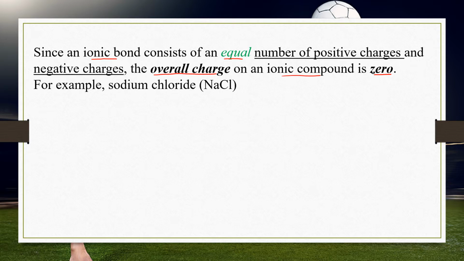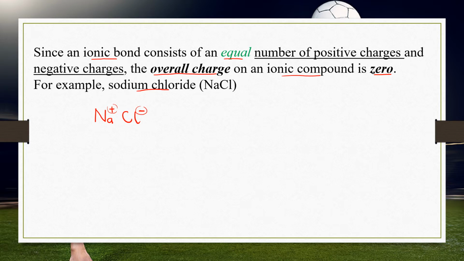Let's take an example of this common salt, sodium chloride. Sodium chloride contains sodium ions, which are positively charged, and the chloride ion, which is negatively charged. You realize that we have one positive charge and we have one negative charge.